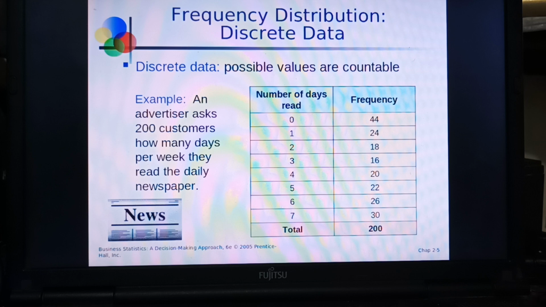An example here: an advertiser asks 200 customers how many days per week they read the daily newspaper.